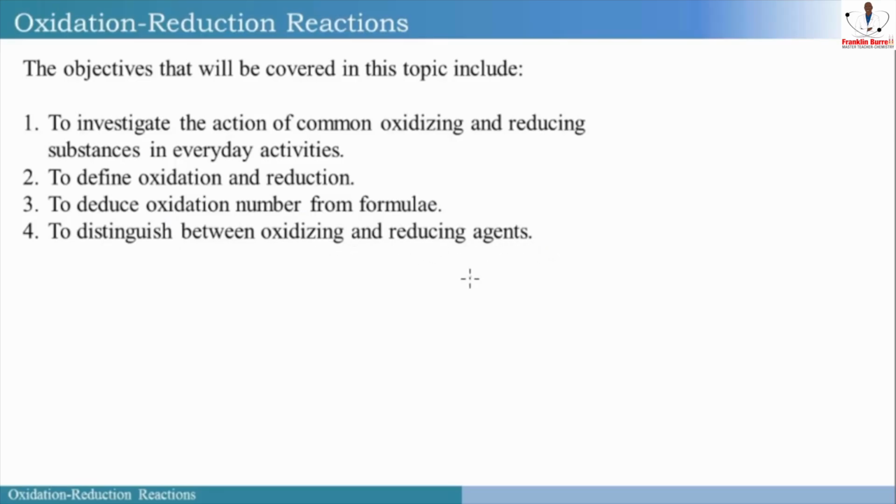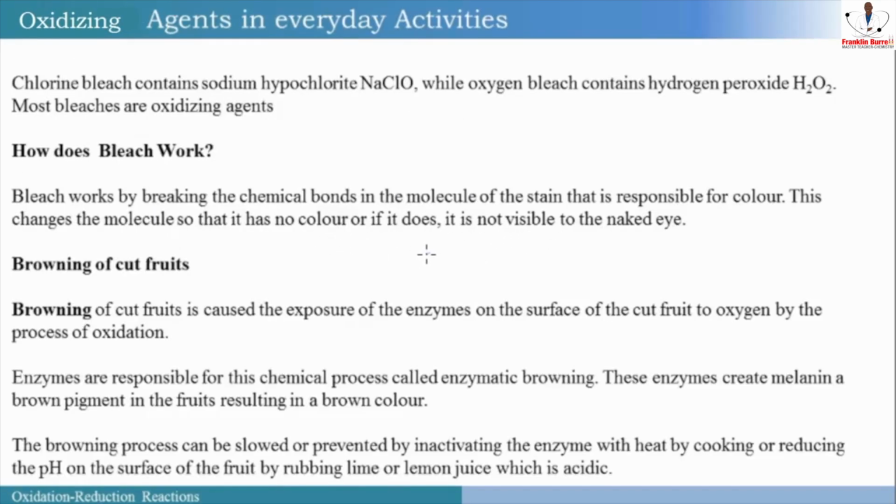Let us begin. Let's talk a little about reducing agents in everyday activities. Now we know about chlorine, and that chlorine is used to wash white clothes. When you use chlorine to wash your clothes, how does it work?